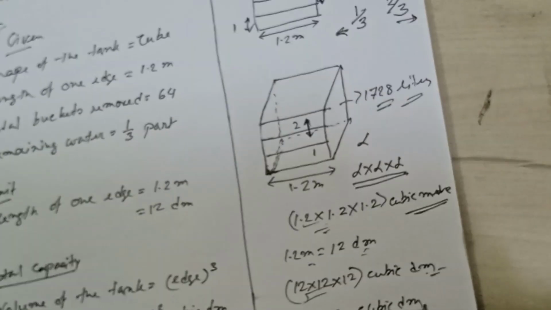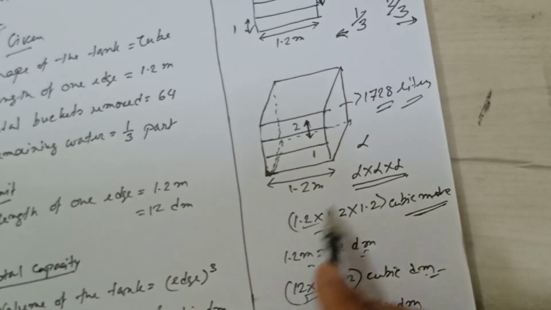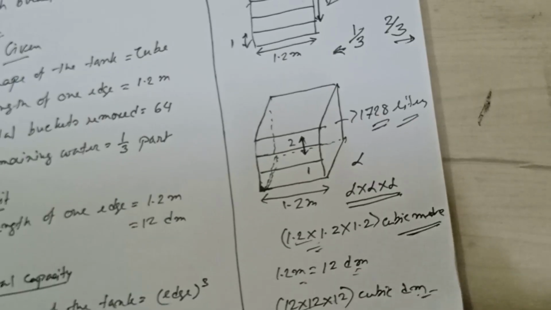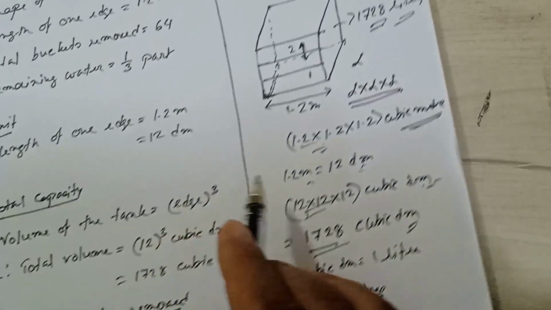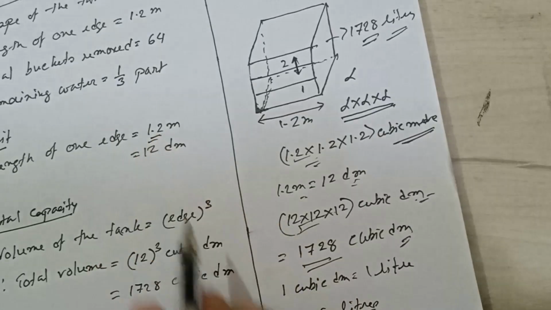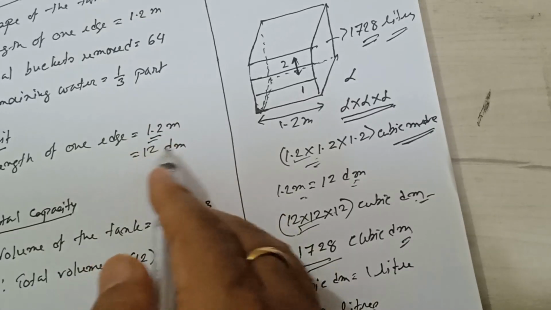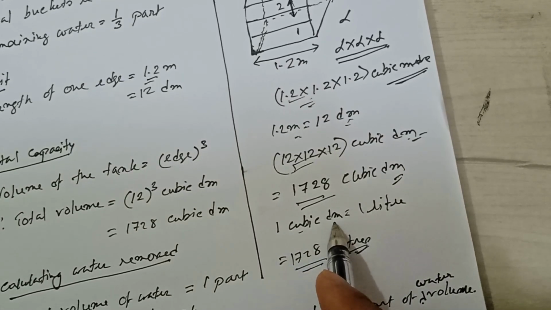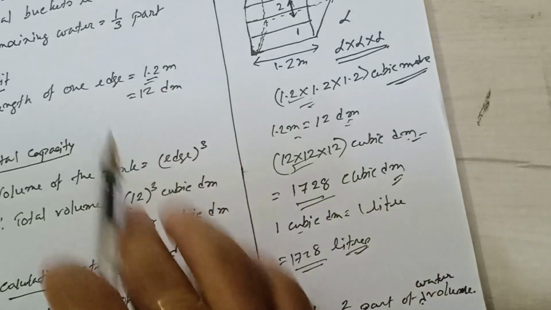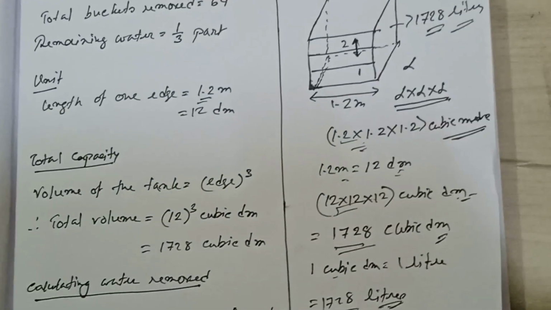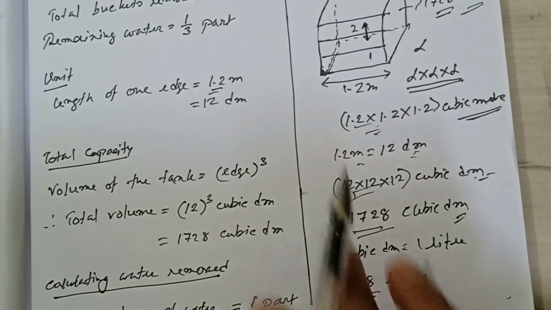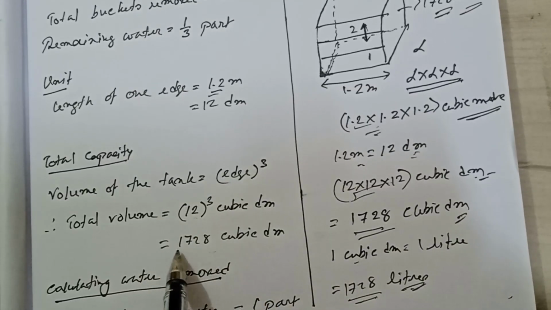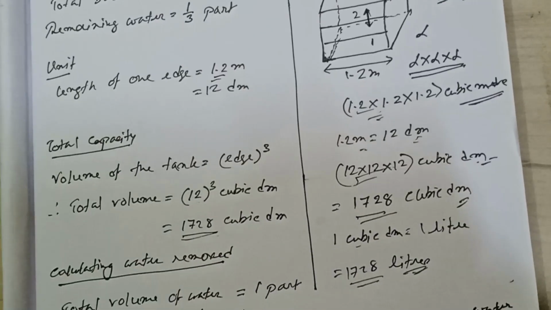To find the volume, we use the formula L into L into L. Each edge is 1.2 meter, or we convert it to 12 decimeter, because 1 cubic decimeter is 1 liter. So it becomes easier to calculate. We find that in total the tank can hold 1728 liters of water.